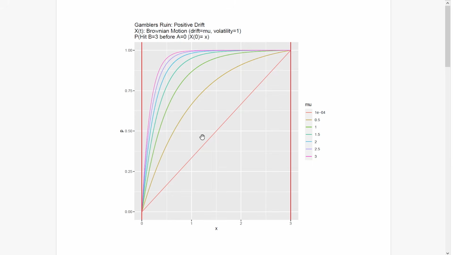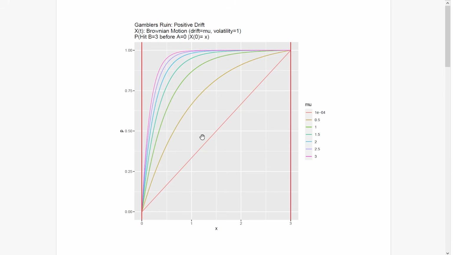And the limiting case where mu is equal to 0, so there's no drift at all, corresponds to the probability given by this line. And so given the starting value x, the closer you are to B, the more likely you will be to hit B first, and vice versa with A.